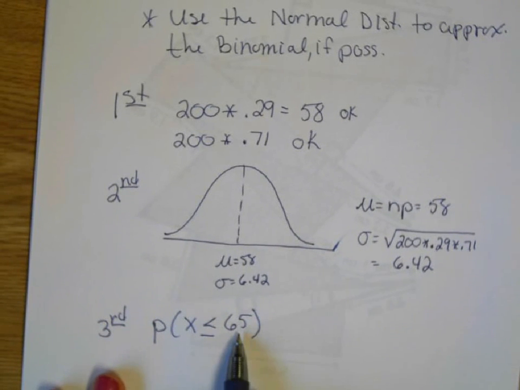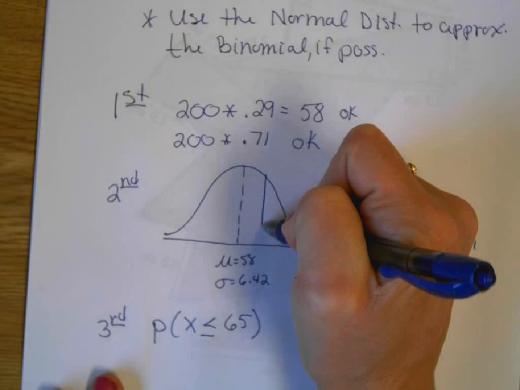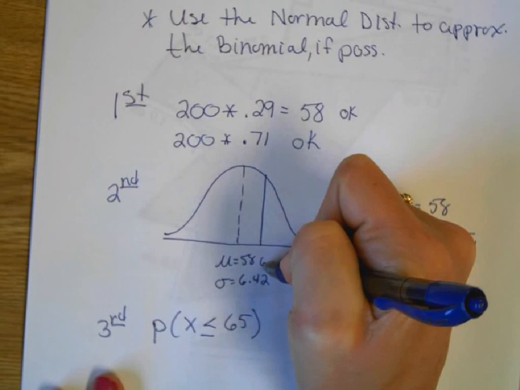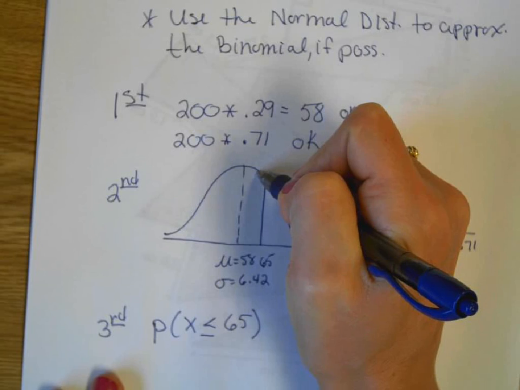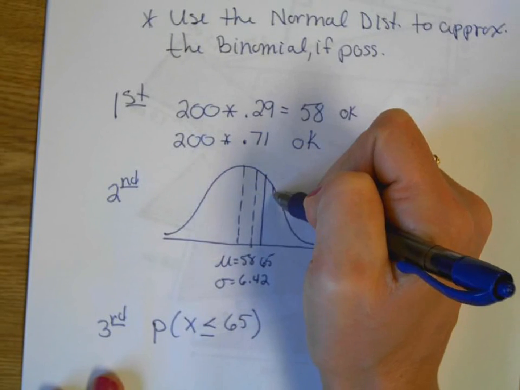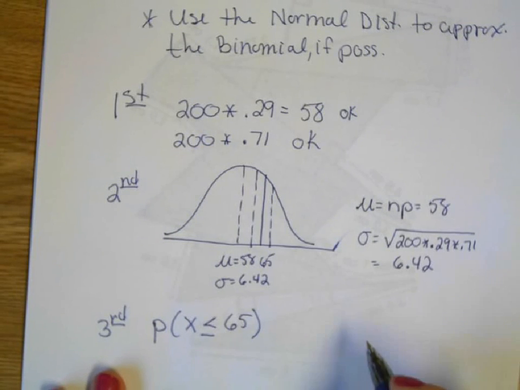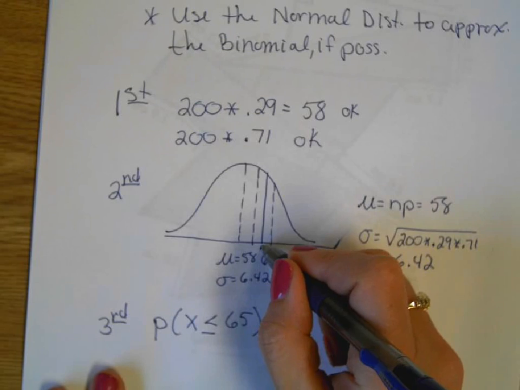Now we've got to either change that 65 to 64.5 or 65.5. Let's see. So here is 65, here is going to be 64.5, here is going to be 65.5. So the middle was 65.